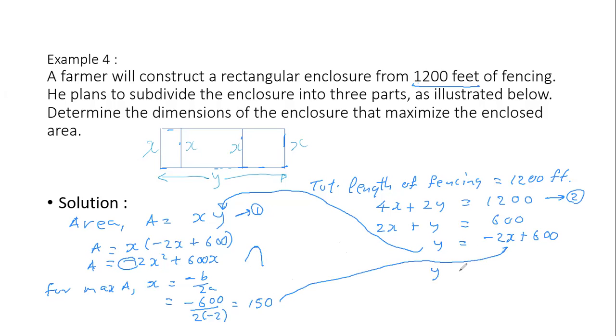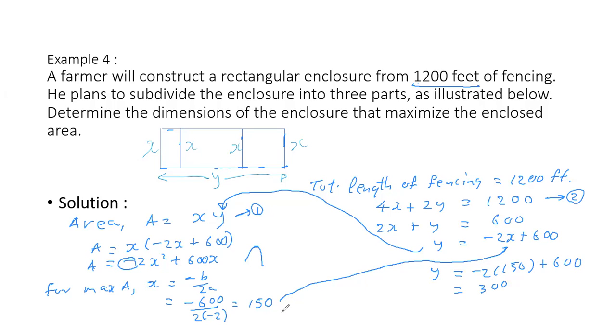Corresponding y value, y equals negative 2 times 150 plus 600. Again, I wrote 60. This is 600. This is negative 300 plus 600, which is 300.